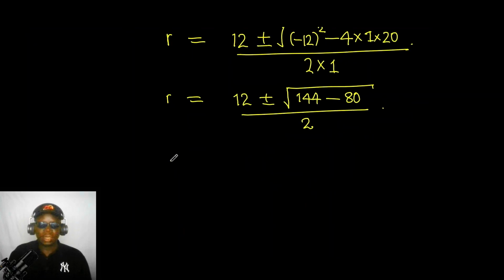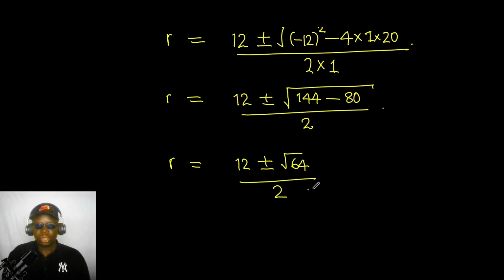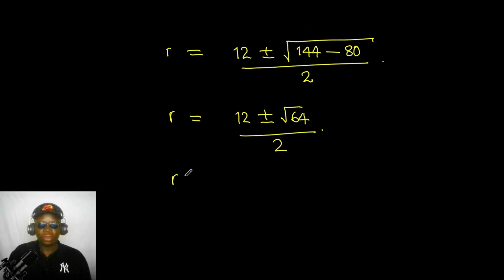So we have 12 plus or minus the square root of 64 over 2. The square root of 64 is 8. Therefore, we have r equals 12 plus or minus 8 over 2.